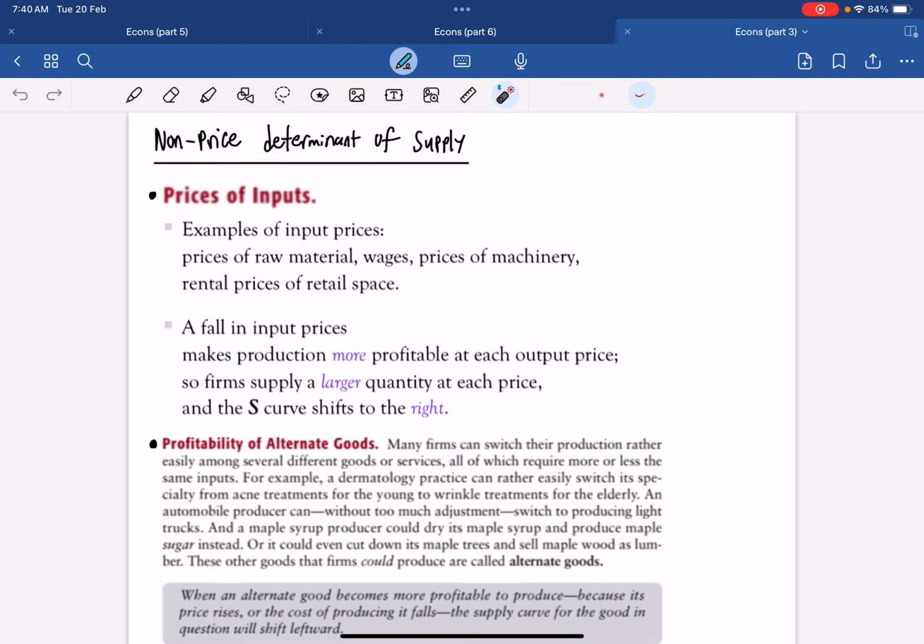So this will reduce the firm's willingness to produce a large quantity at a given price. Hence, the entire supply will decrease, leading the supply curve to shift to the left.